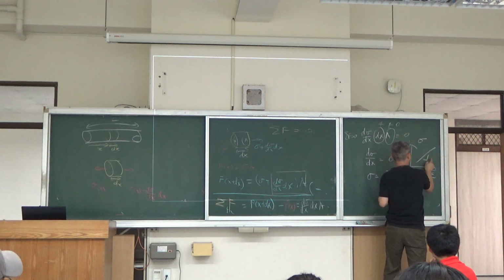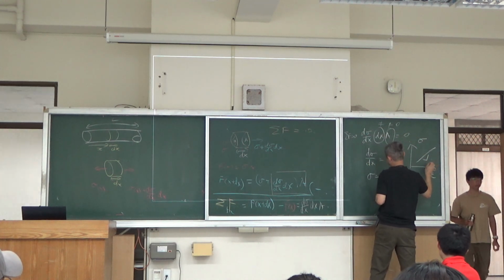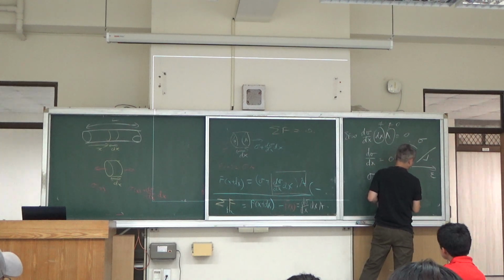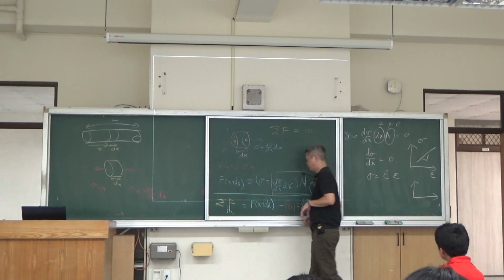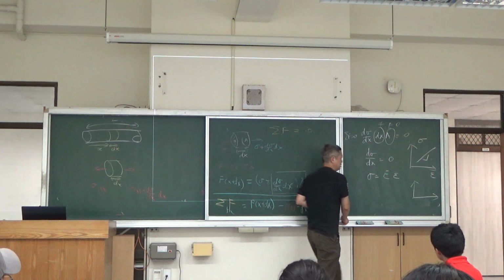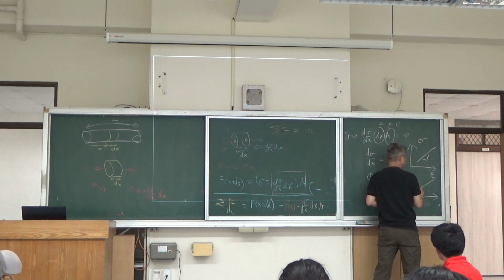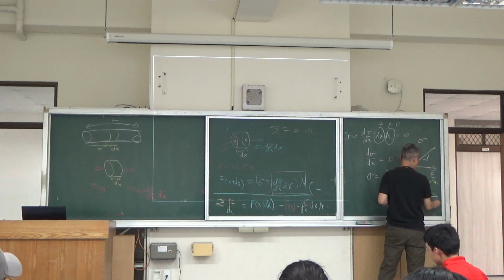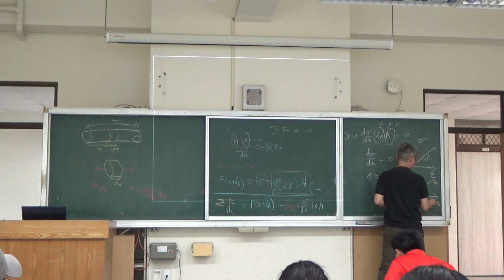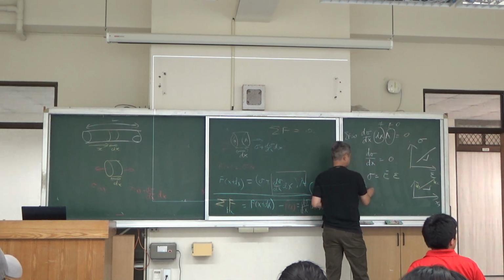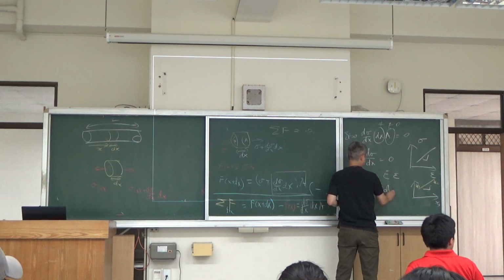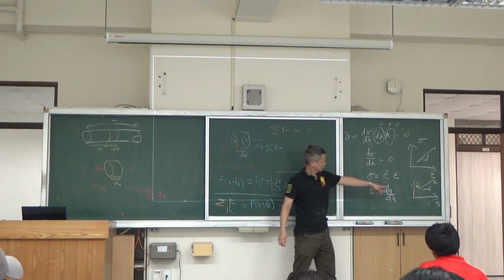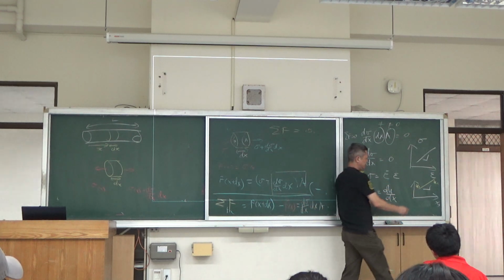This proportionality E is your Young's modulus. And then next, how do you find the strain? The strain is the change of displacement versus the distance. Your strain is equal to du dx. You get it? This is your strain.